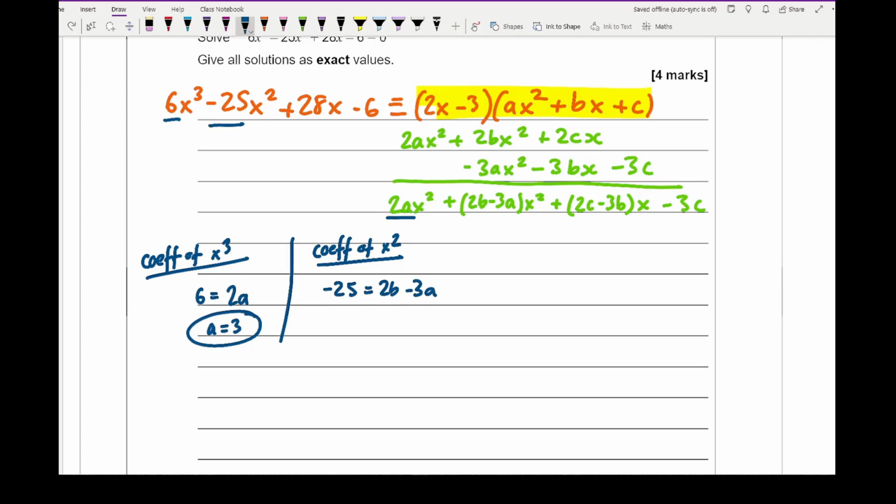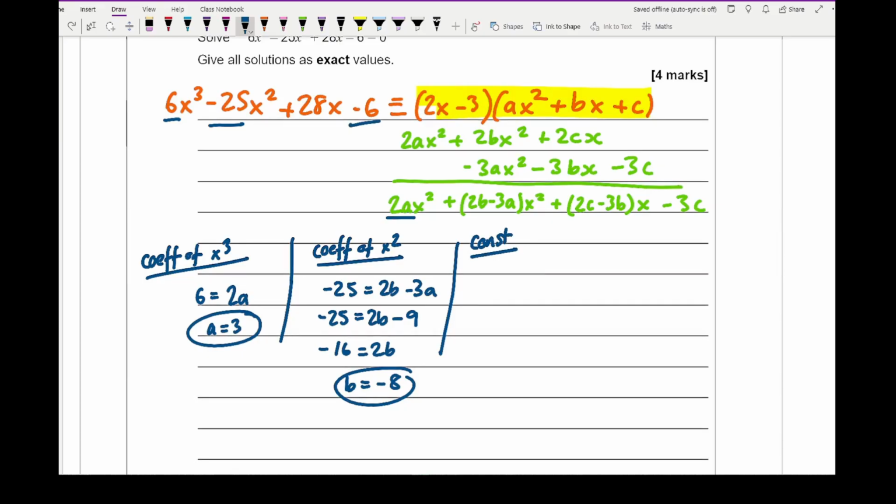Now I know that a equals 3, so minus 25 equals 2b minus 9. Take the 9 over to the other side and end up with minus 16 equals 2b, so therefore b equals minus 8.